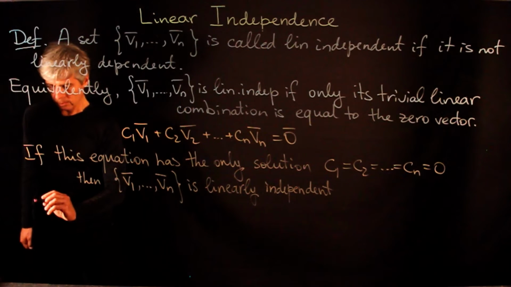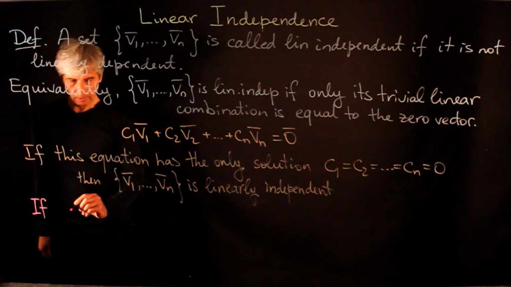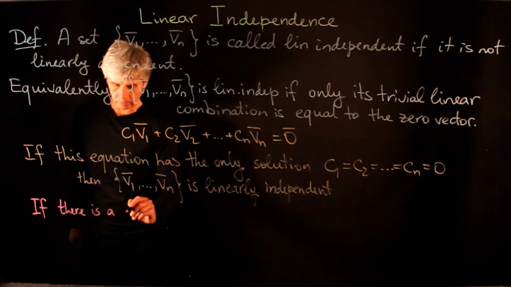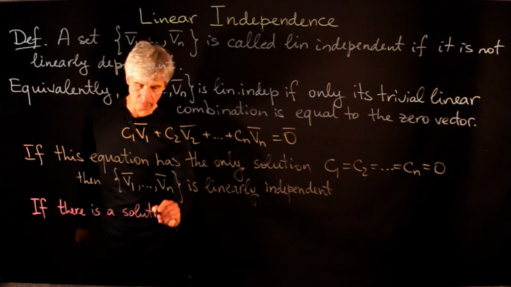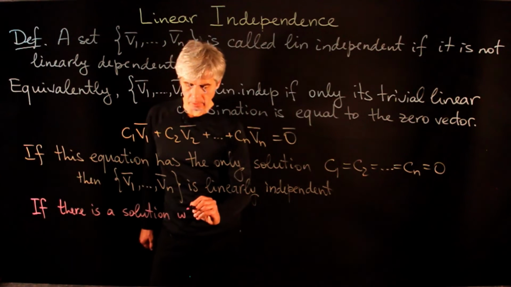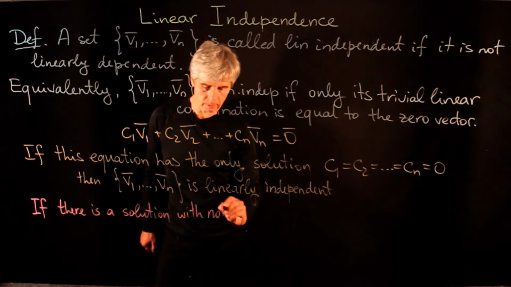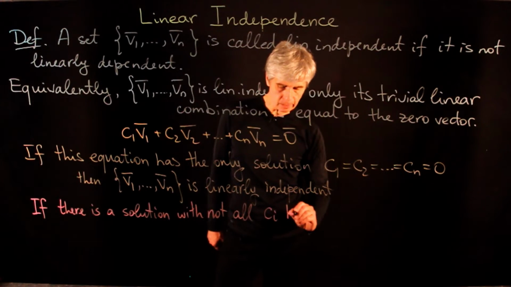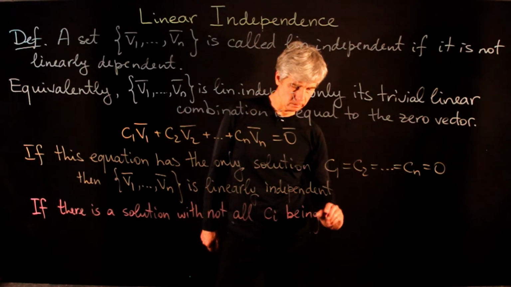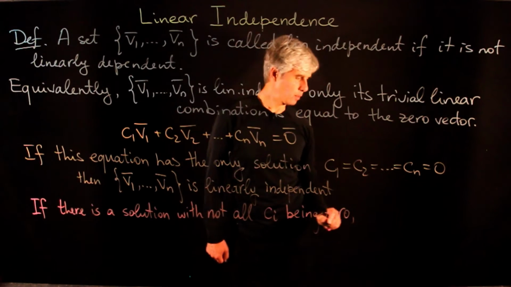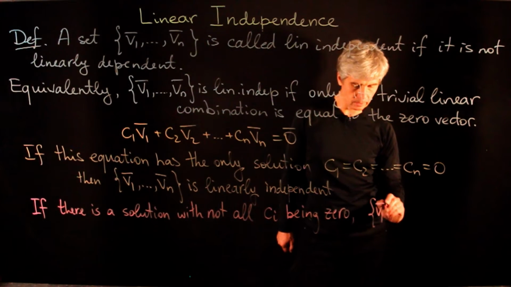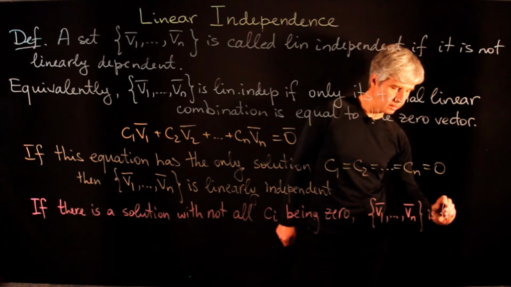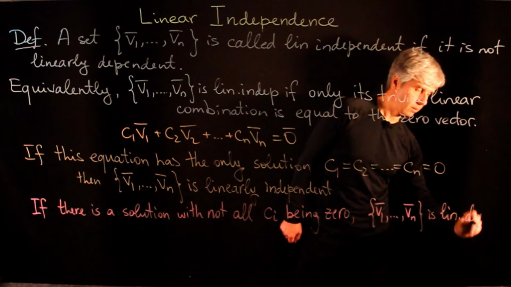On the other hand, if there is a solution with not all ci being 0, then this set of vectors is linearly dependent.